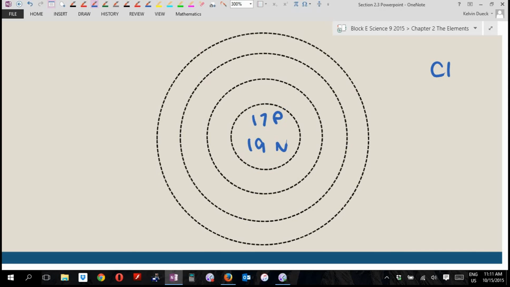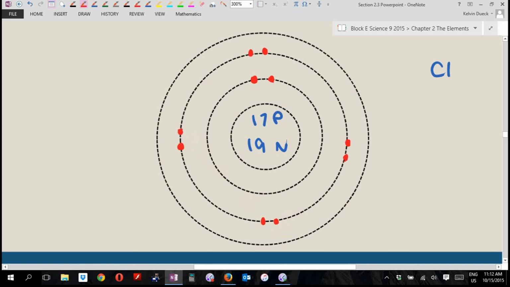So you ready? How many in the first shell? 1, 2. How many left? 15. How many in the next shell? 2, 8, 8, 18. So in the next shell, how many? 1, 2, 3, 4. Pair, pair, pair, pair.